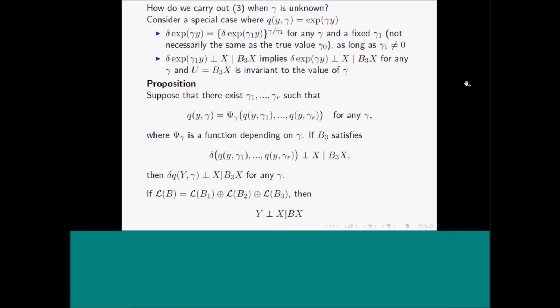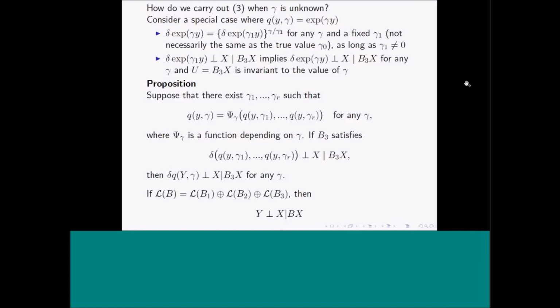But any other true value of gamma can be expressed in terms of a function of gamma 1, so I'm going to make use of the important property of independence. In other words, functions of independent variables are still independent.